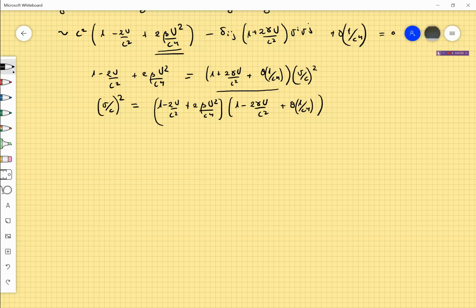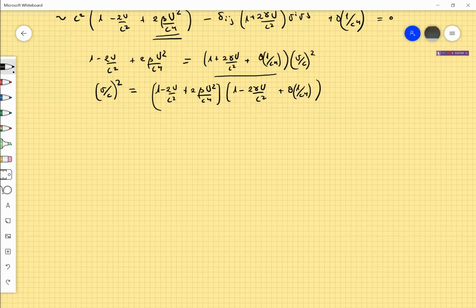It is not consistent to keep the squared term here, so we just ignore it. And you get 1 minus (2γ plus 1)U divided by c squared plus terms of order 1 over c^4.